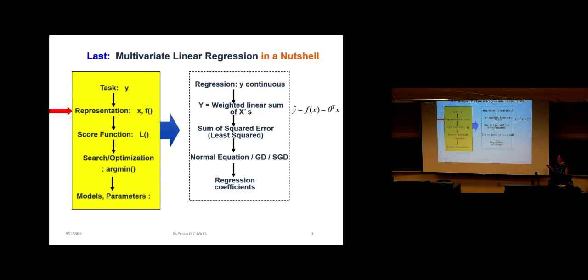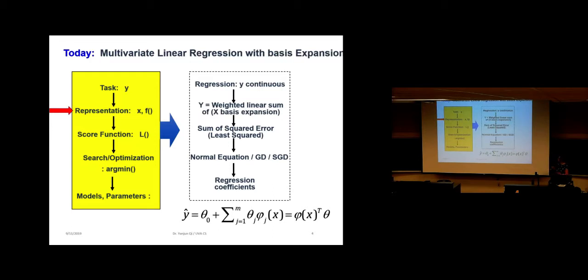Now we do a very simple extension, called linear regression with nonlinear basis expansion. What it really does is change x to phi x. Everything else is the same.